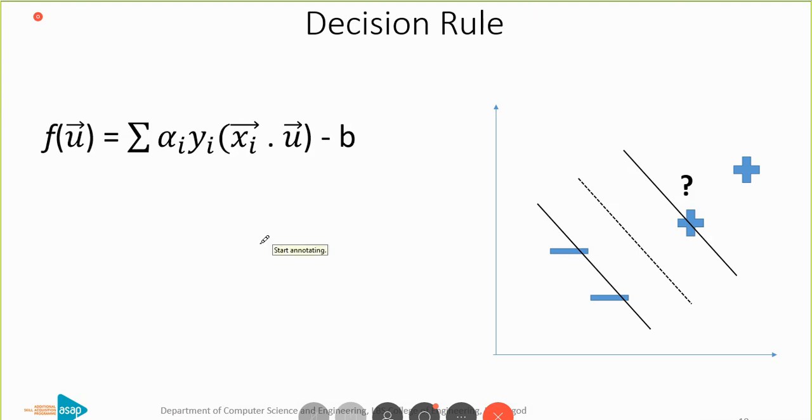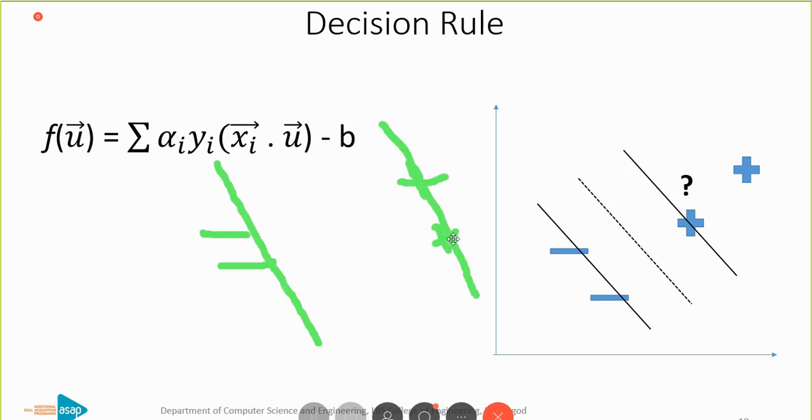Say you have negative samples like this and positive samples like this. In the example we are seeing now, this is your decision boundary and these samples are linearly separable. But real-time data may have some noise. Maybe you get a positive sample over here, and you cannot actually use the decision rule that we have defined now.